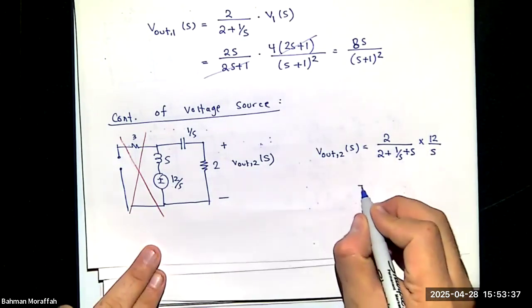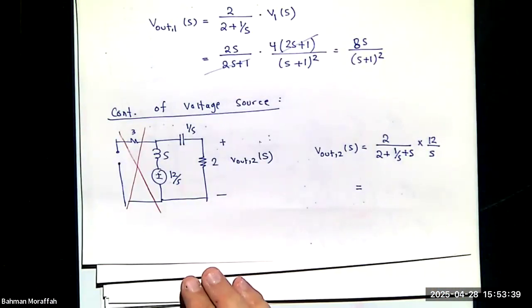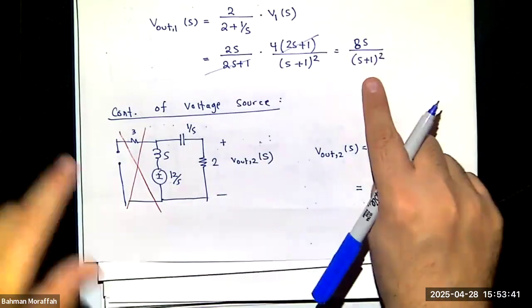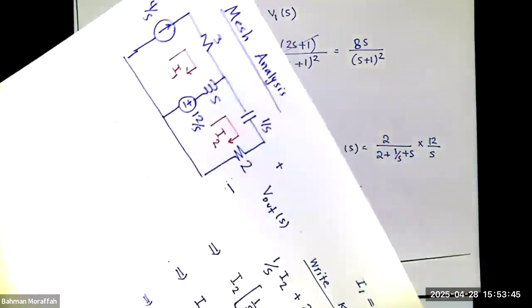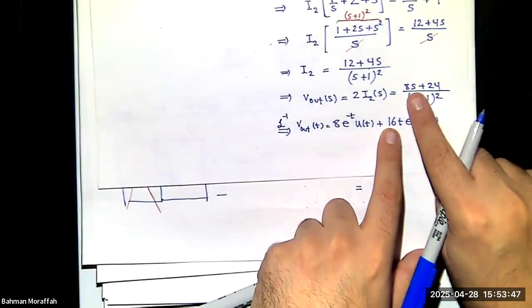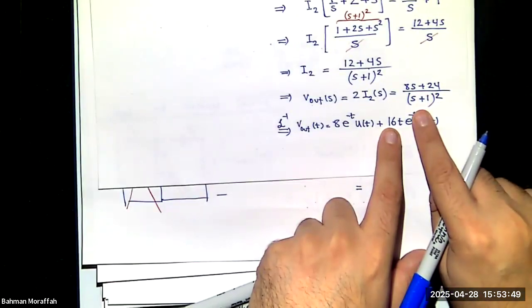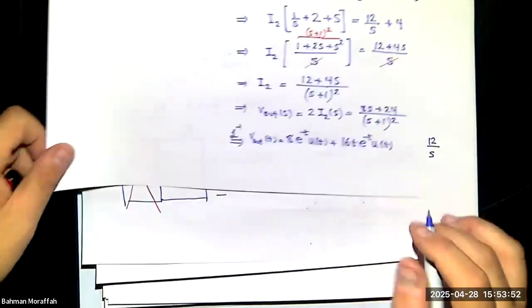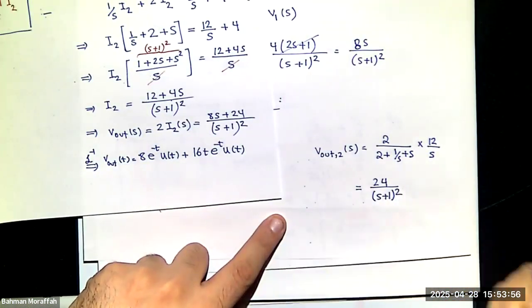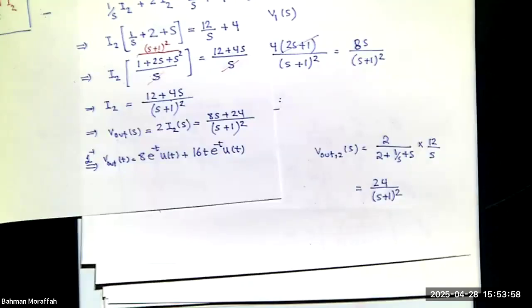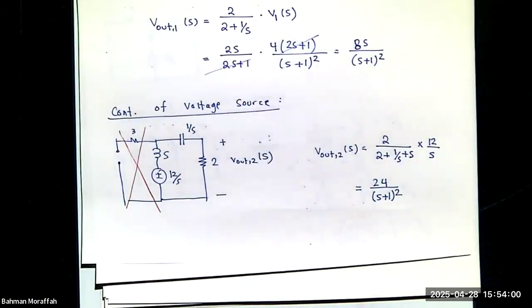If you simplify it, given the fact that this is 8S divided by S plus 1 squared, and I know V out must be 8S plus 24 divided by S plus 1 squared, this must be 24 over S plus 1 squared. You can simplify it.